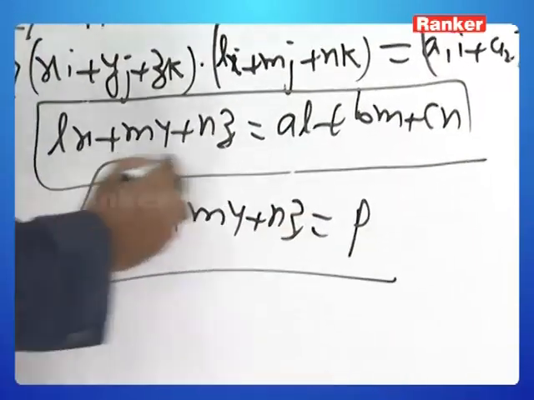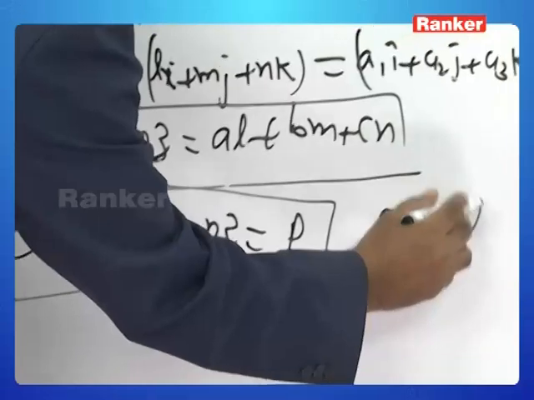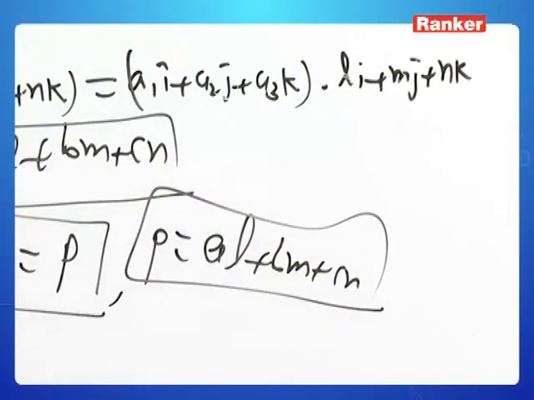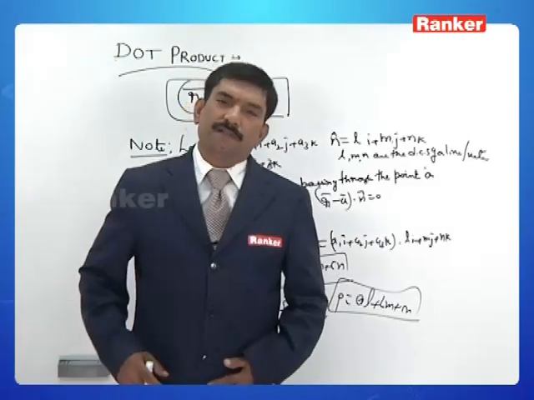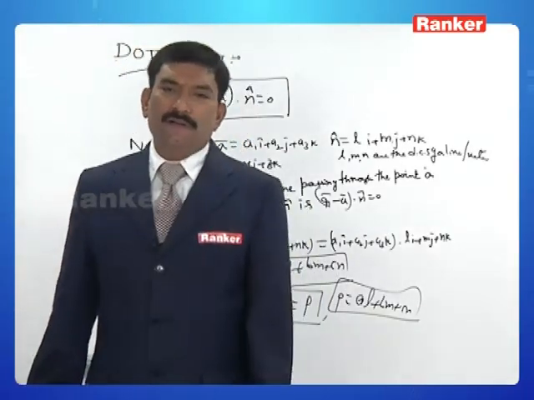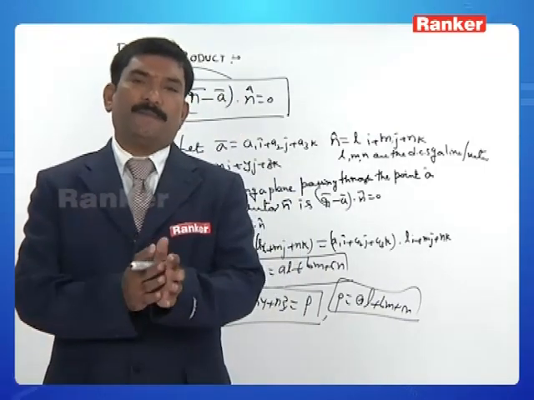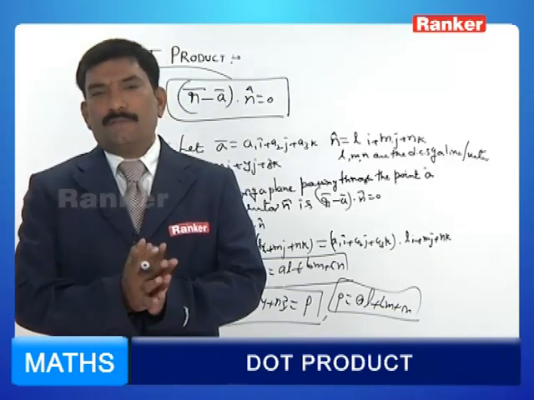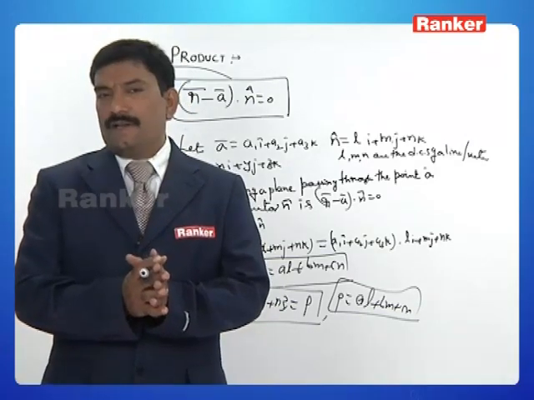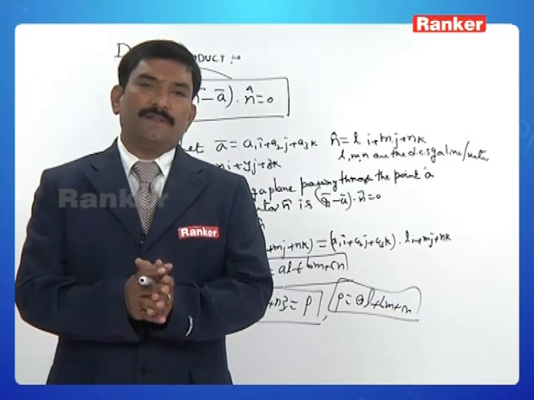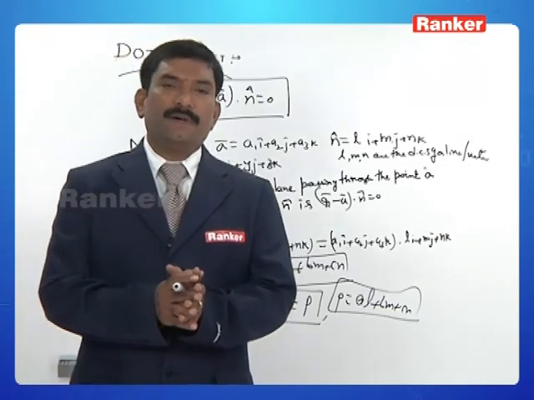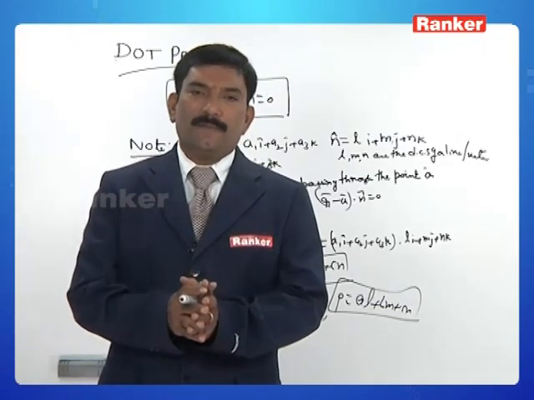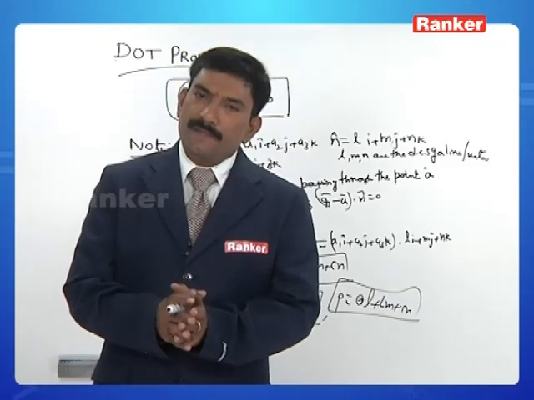Take this p. What is this p? p is equal to A1 L plus A2 M plus A3 N. This is the Cartesian equation of a plane passing through the point A bar and perpendicular to the unit vector n cap. So, students, we have seen in detail the vector equation of a plane passing through the point A bar and perpendicular to the unit vector n cap as r bar minus A bar dot n cap is equal to 0.